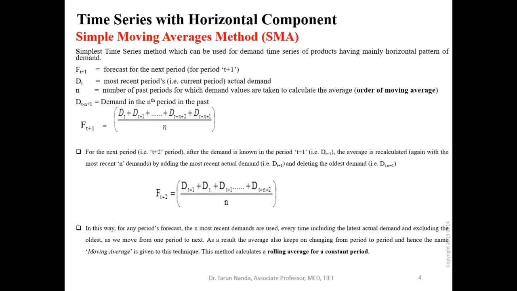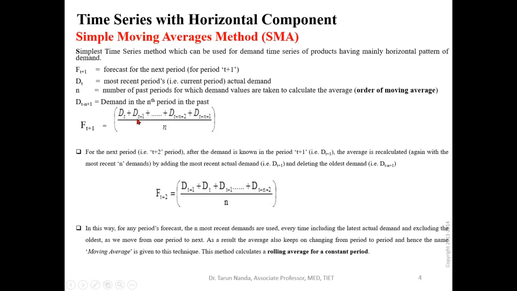Suppose you are sitting at the end of period t, and you already know from the marketing people, the sales people, what has been the actual demand of our product in the market in this week. That most recent demand, the most recent past sales is dt, right? And prior to that period, the past sales value, the demand, was dt-1.